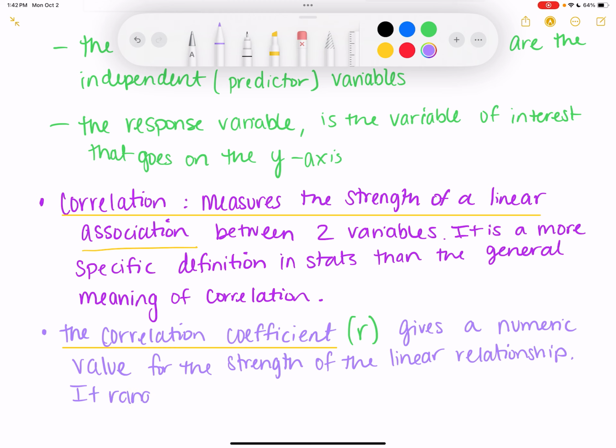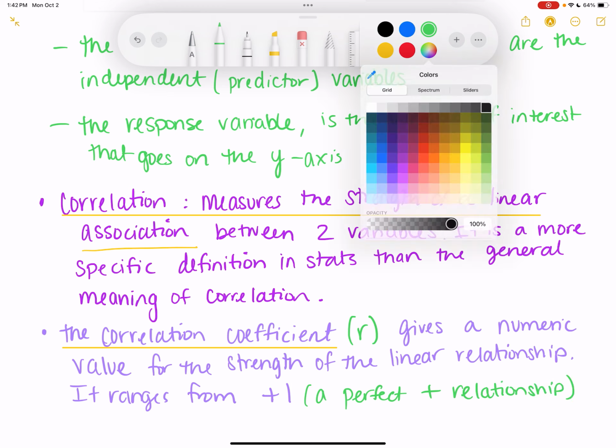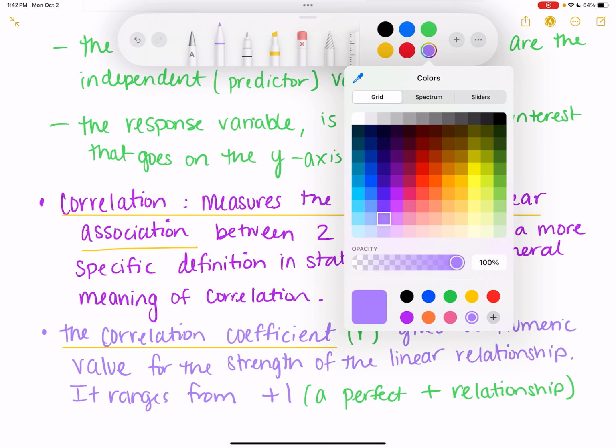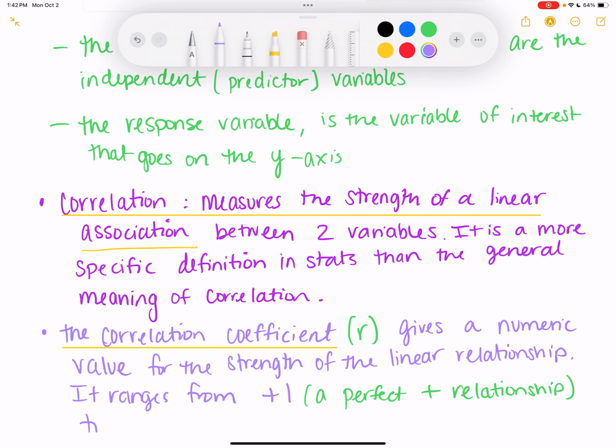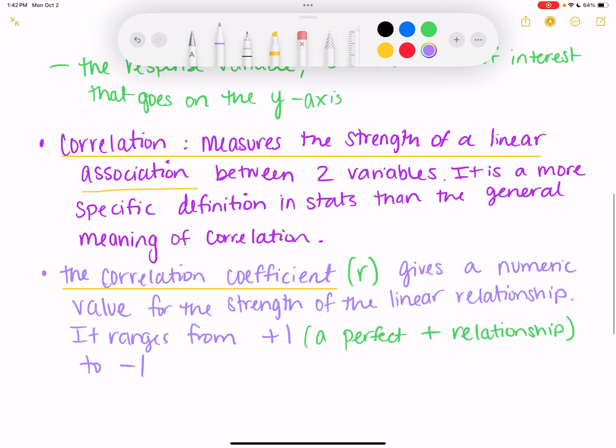It ranges from +1, which is a perfect positive relationship, to -1, which, shocker, is a perfect negative relationship.